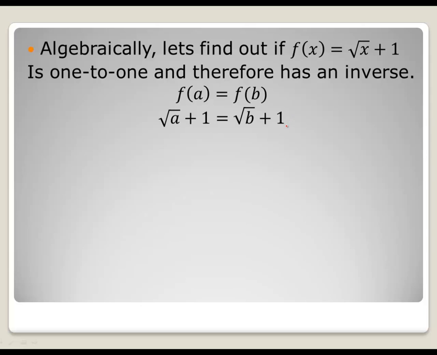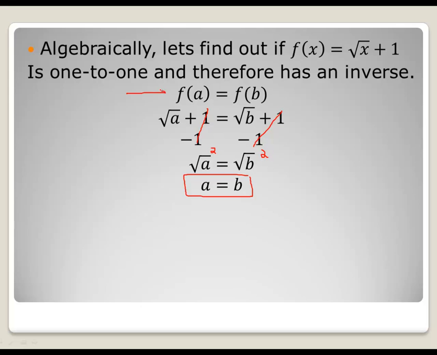So let's do some algebra. We're going to subtract 1 on both sides. So these cancel out, and therefore these cancel out. And we end up getting the square root of a equals the square root of b. Our next step is to square both sides. If we square both sides, those cancel out, and we get a equals b. And hey, this is what we're looking for.